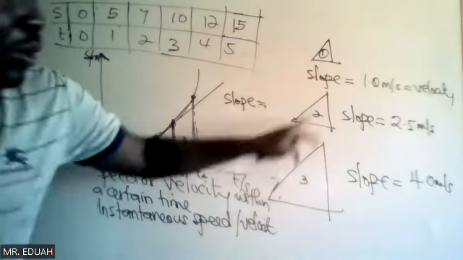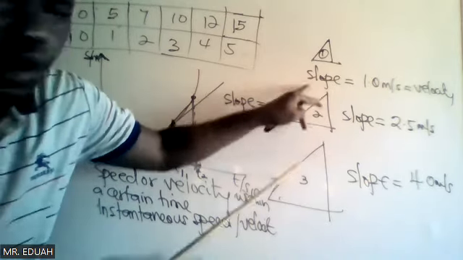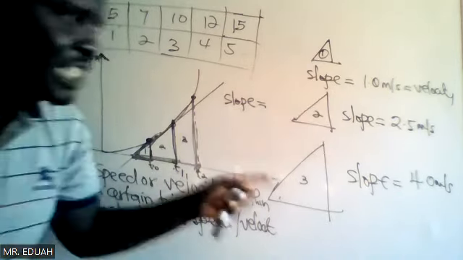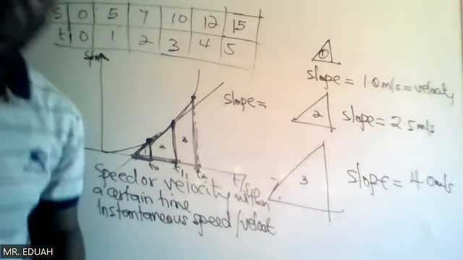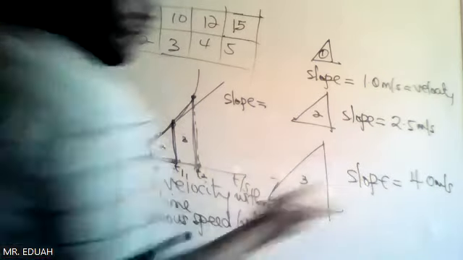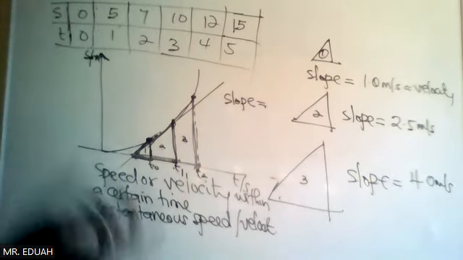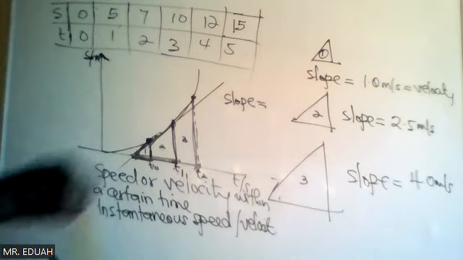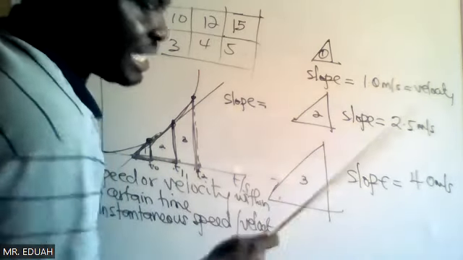And so we'll have their slopes also increasing, or their speed or velocity also increasing. Now, we have 3 different slopes, which is equal to velocity or speed, and it is increasing.